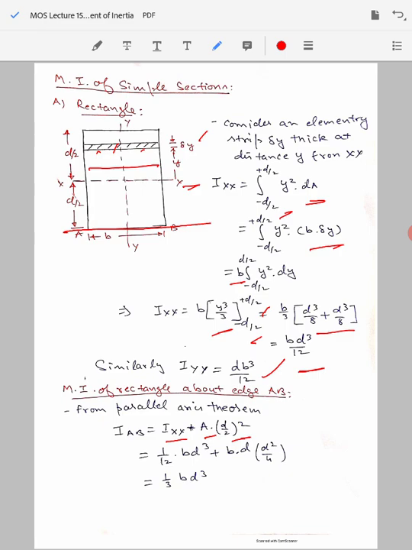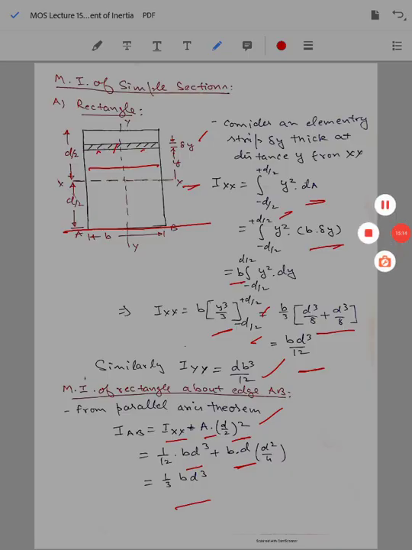That distance is d by 2, so d by 2 whole square. You substitute A equal to b times d and Ixx equal to bd cube by 12, and you get the moment of inertia of the rectangle about the edge AB as bd cube by 3.